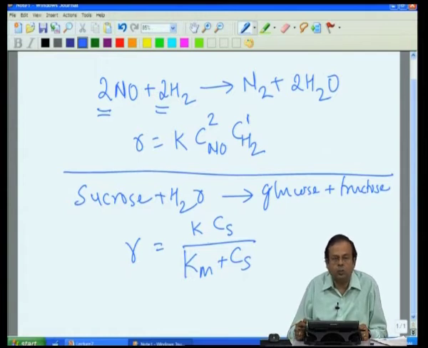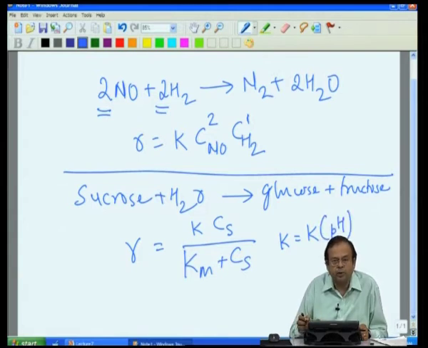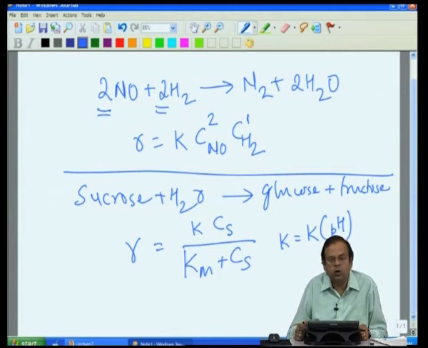It is not a power law kinetics, but a little more complicated kinetics, which says that rate is K, some constant, times Cs divided by Km plus Cs. And it turns out that this constant K is also not really a constant, but it is a function of the pH of the media. So, in reality the order and the molecularity once again do not match.